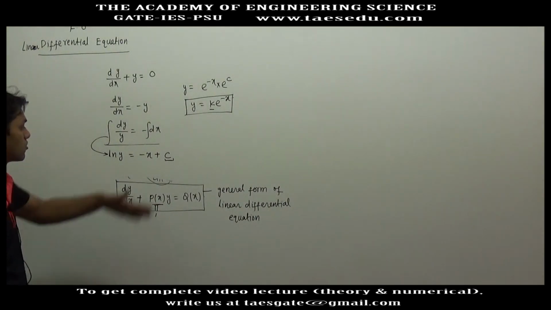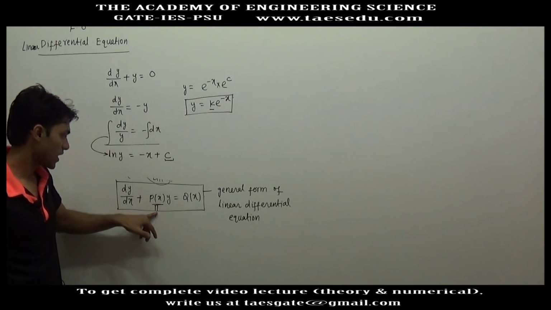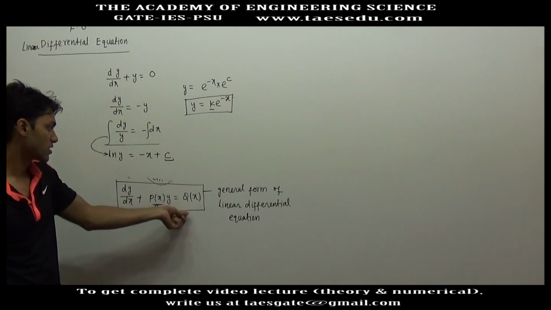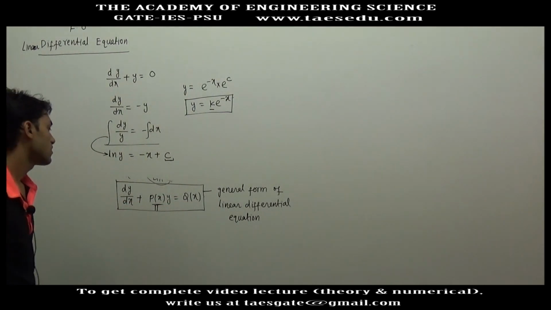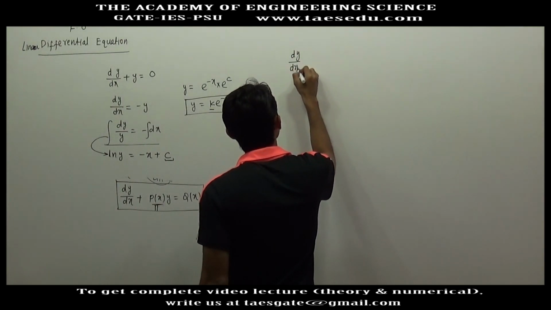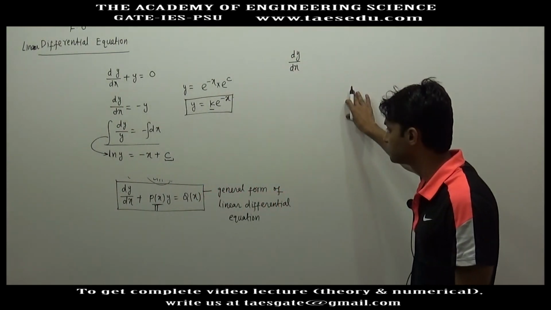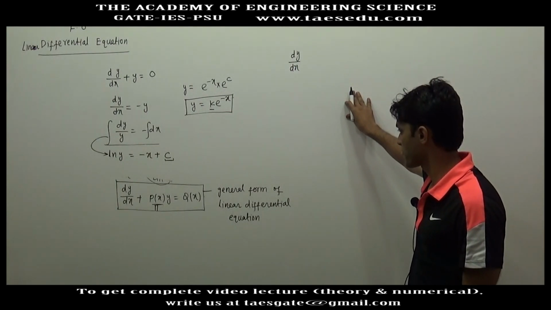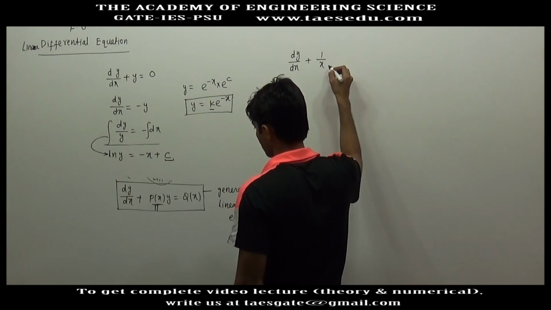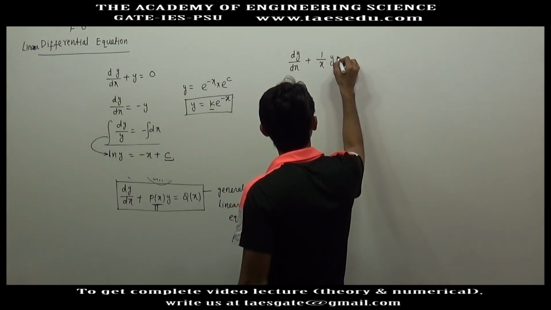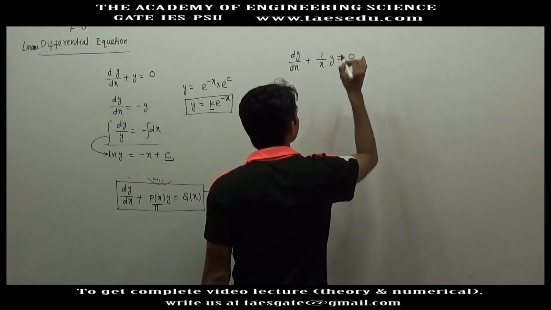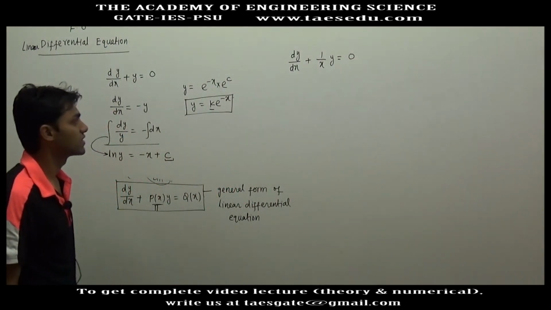But this was a solution for the simplest question. We took P(x) as a constant function and Q(x) equal to 0. But instead of this, let's take a function for P(x), let's say it is 1 by x, into y equal to, suppose Q(x) is again 0. We will make it difficult in steps.